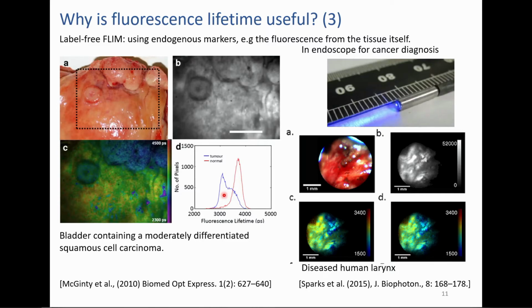And so the intrinsic fluorescence is quenched more strongly in cancerous tissue than it is in healthy tissue. And so you see this very useful diagnostic. For example, you can put an endoscopic microprobe down into the esophagus, for example, and then have a look at tissue, and the reflected light from the fluorescence lifetime tells you whether the tissue is cancerous or not.